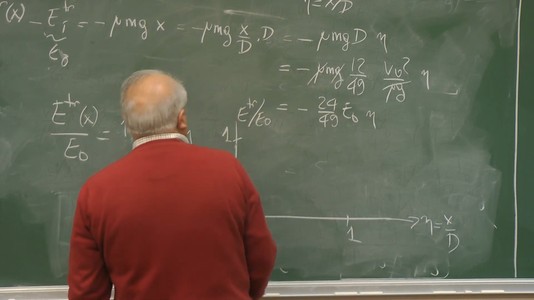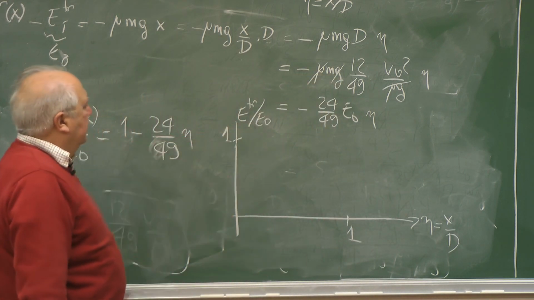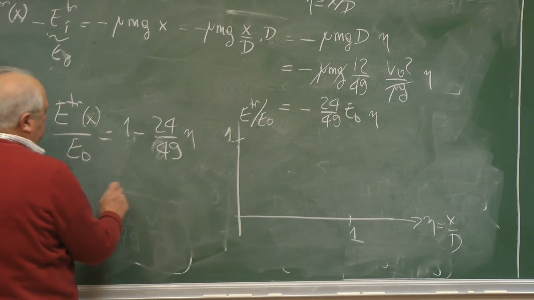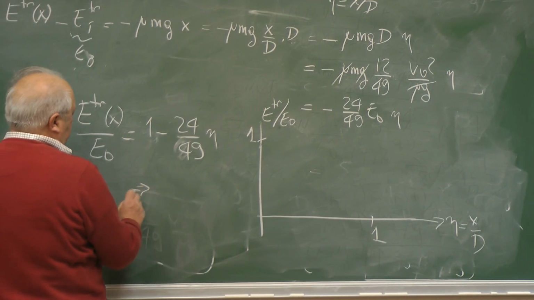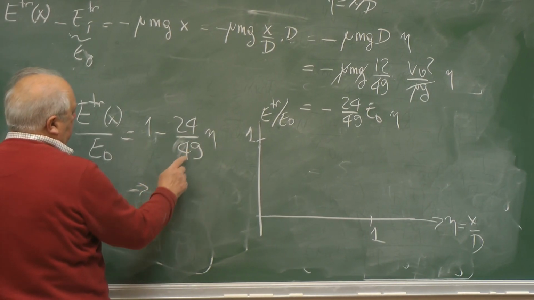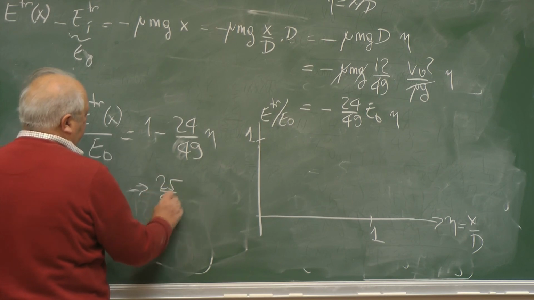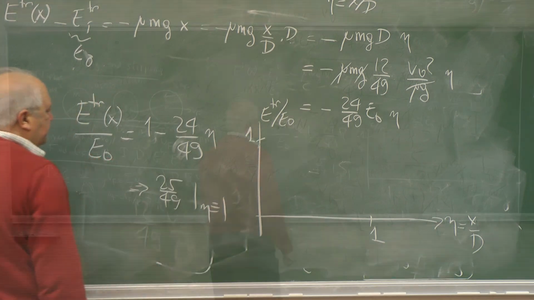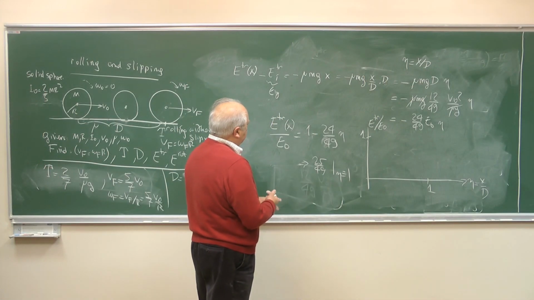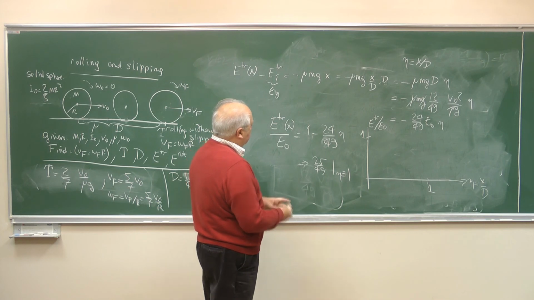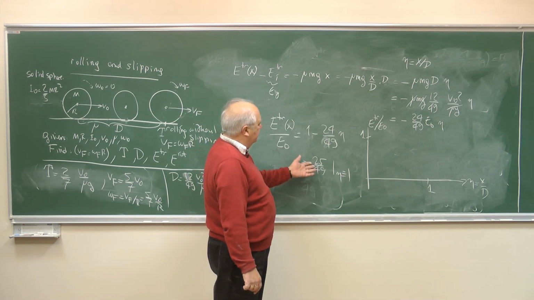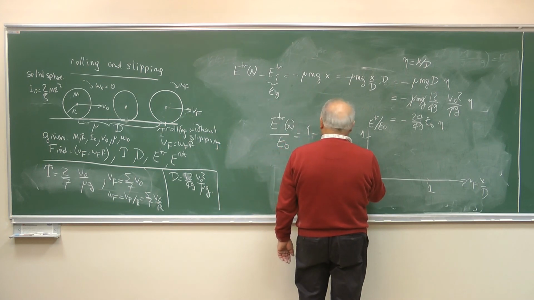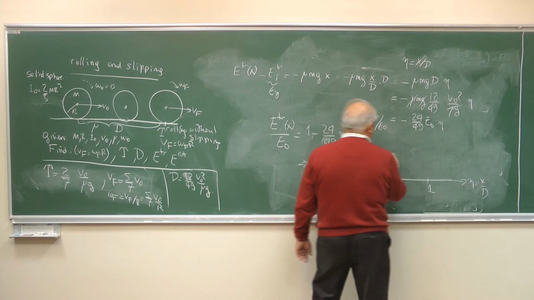It starts totally in the kinetic mode, and when eta is 1, it goes to 25 over 49. So 25 over 49 is like 1/2.